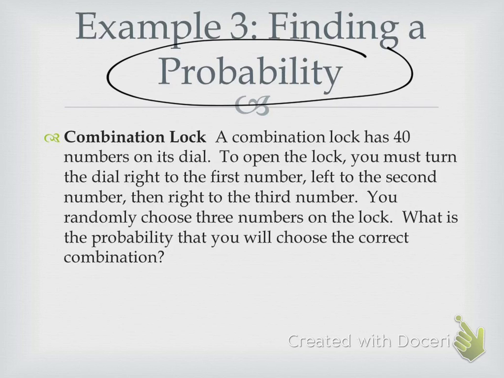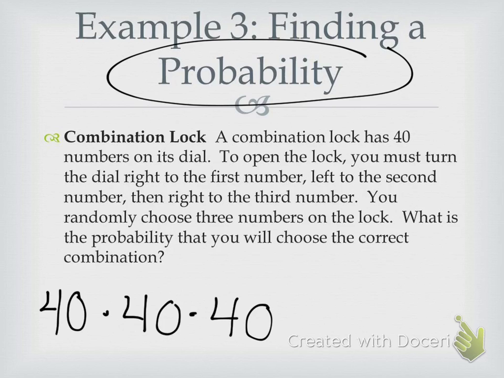If you turn it to the right, how many possible numbers are there? 40. If you turn it to the left, how many can you land on? 40. And then if you turn it back to the right? 40. So that's why you use the counting principle to do 40 times 40 times 40.